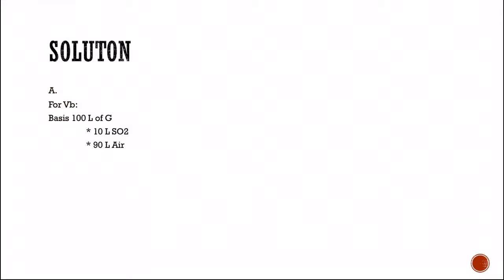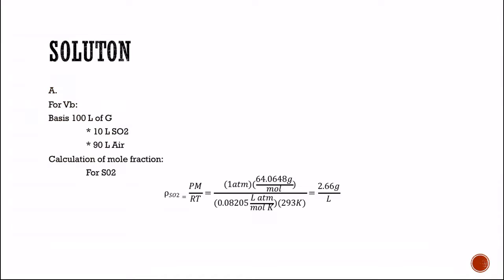We base it on 100 liters with 10 liters of SO2 and 90 liters of air. Calculating the mole fraction for SO2, we first get the density using this formula and get 2.66 grams per liter.